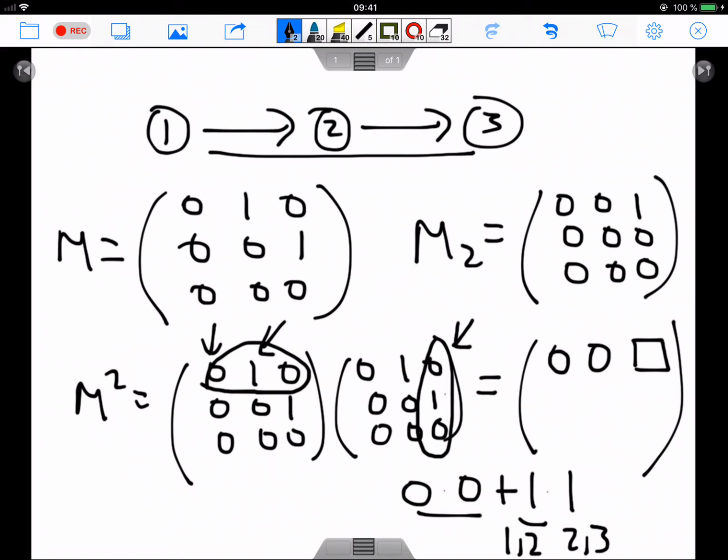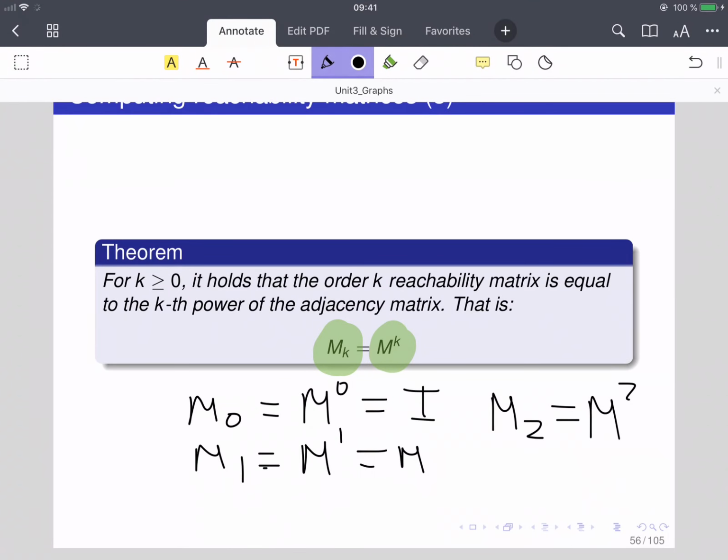So whenever we have two ones simultaneously in the multiplication, it means that we go from 1 to an intermediate vertex, and then from that intermediate vertex to the final destination. That's why when we compute the square of the matrix, we obtain paths of length 2. And when we compute other powers of the matrix, what we obtain are paths of increasing length.